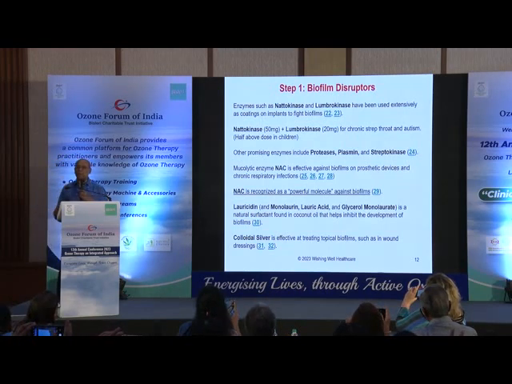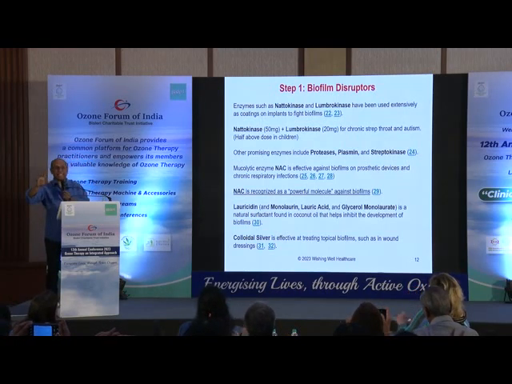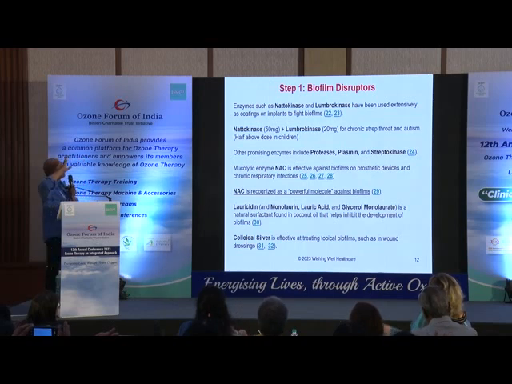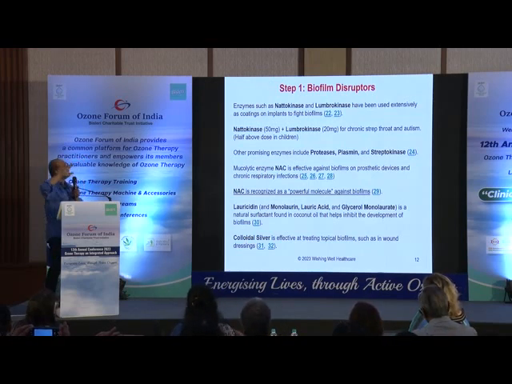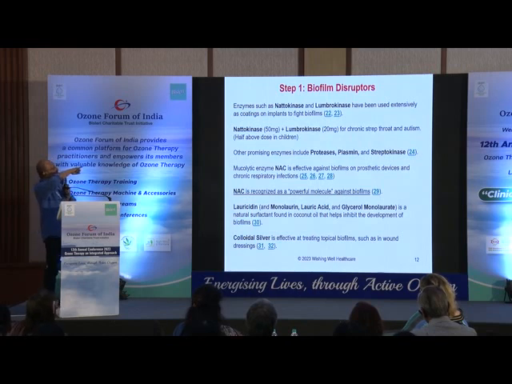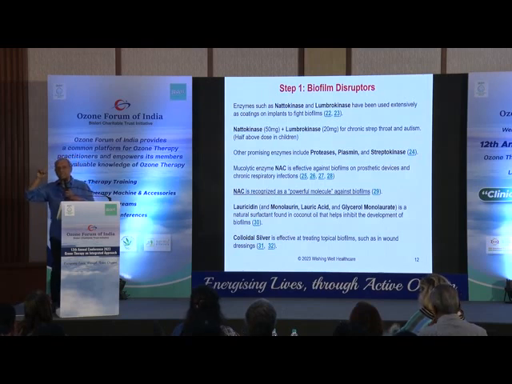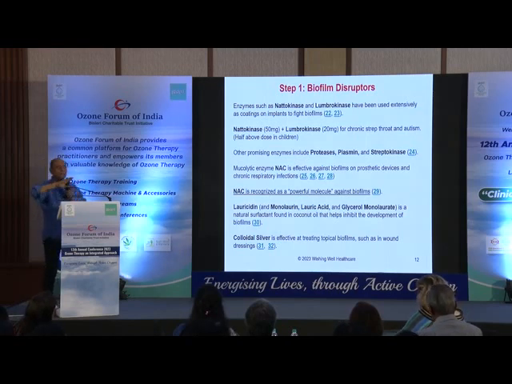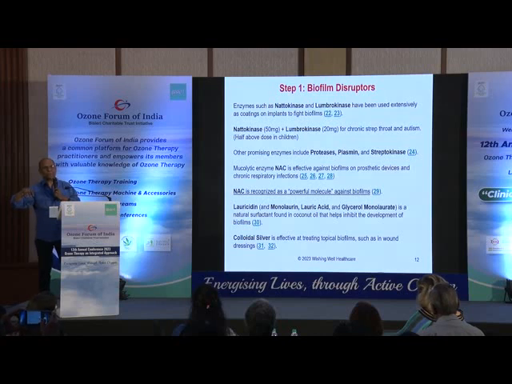For protocol, these are just guidelines: 50 mg of nattokinase and 20 mg of lumbrokinase. While I'm saying here it's for chronic strep throat and autism, it is also true for most other autoimmune conditions. That's just a starting guideline, and half that dose if you're treating children below 12 years old.